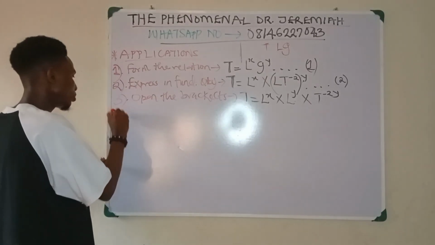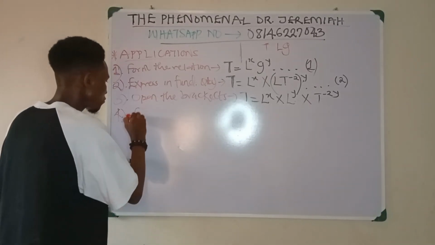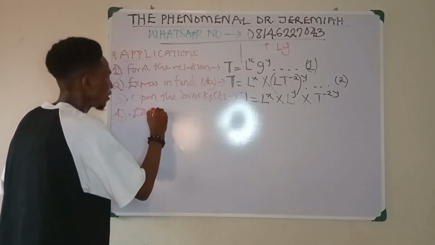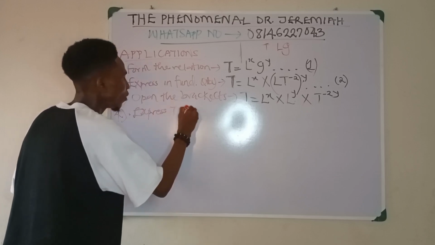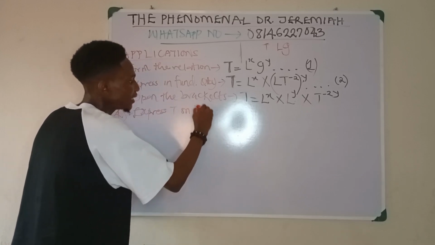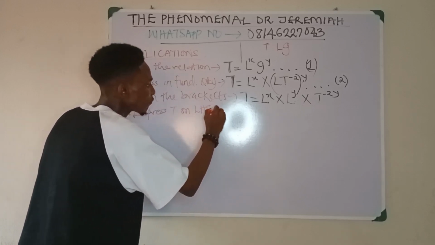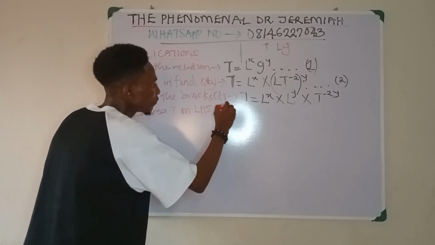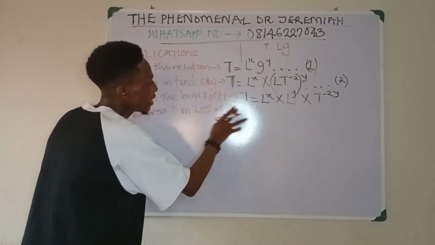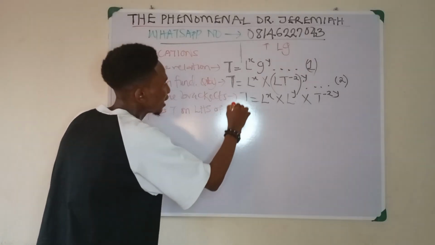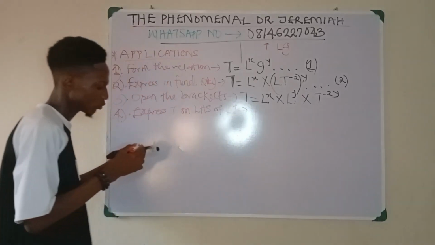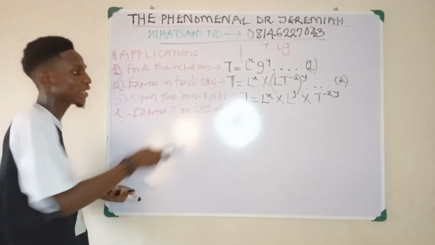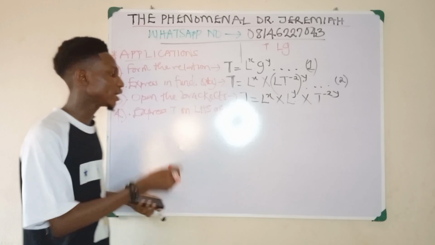Now let's go to the next one. Number 4, we are going to express T on the left hand side in terms of length and time. We only have L and T, so we're expressing L and T in terms of L and T. When you're writing in your own notes, you can write it in full.